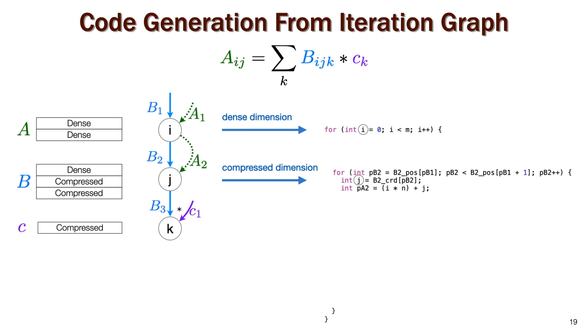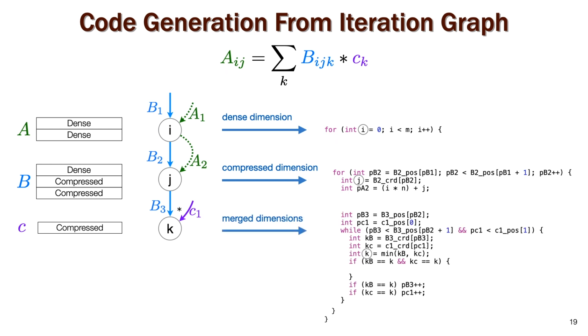And then for the last level, you have 2 things coming in, B and C. Now you have to co-iterate over that. And you generate the co-iteration code, and finally inside we do the compute statement in the innermost place. So now I went level by level and generated the code.